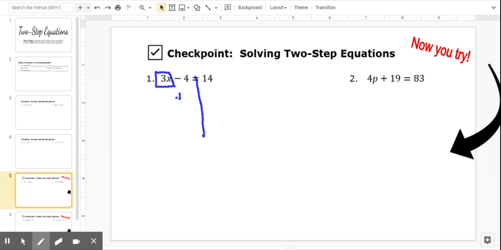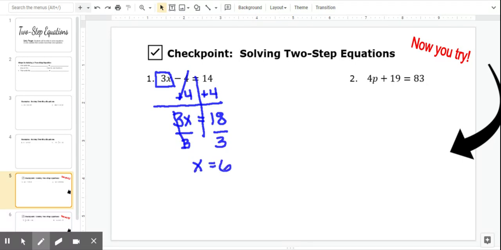I would add 4 to both sides. 4's will cancel. Bring down the 3x equals 14 plus 4 gives me 18. One more step. What do I need to do to get x by itself? I divide both sides by 3. The 3's will cancel, and I'm left with x is equal to 6.